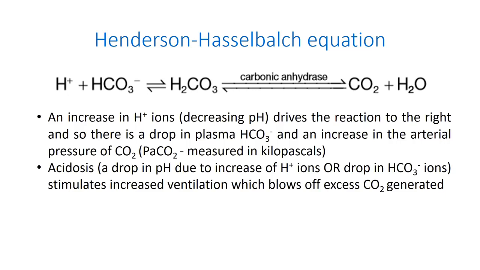So there's a drop in the plasma bicarbonate and an increase in the arterial pressure of carbon dioxide, either measured in kilopascals or millimeters of mercury. This acidosis, a drop in pH, either due to an increase of hydrogen ions or a drop in bicarbonate ions, actually stimulates increased ventilation, which blows off the excess carbon dioxide generated.